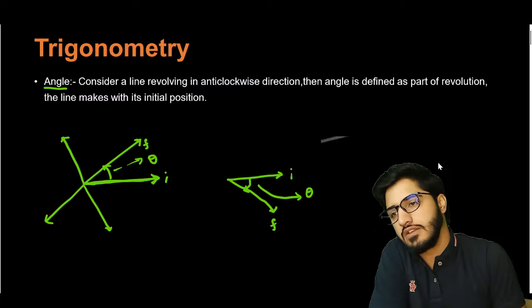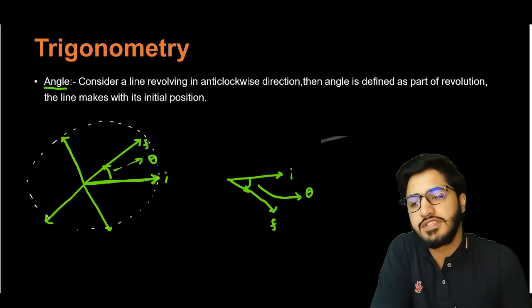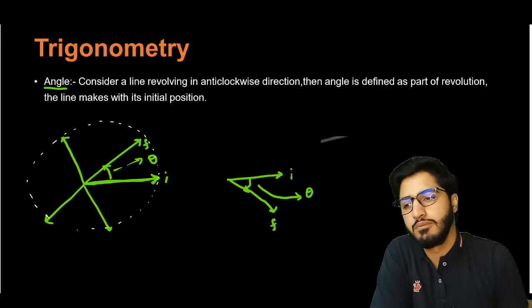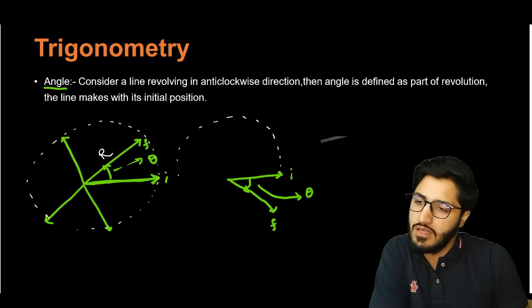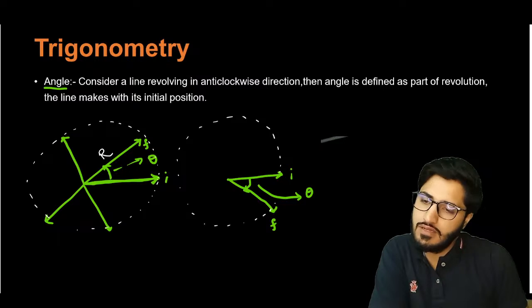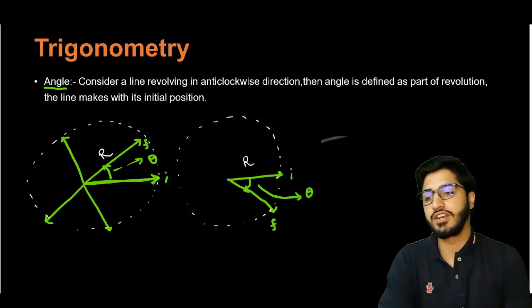That means, if you can imagine, it is basically making a circle. So we can represent this line as a radius of the circle. Same is the case with this one.